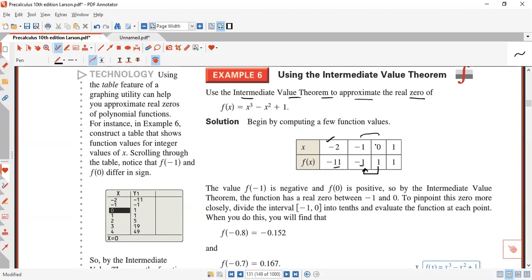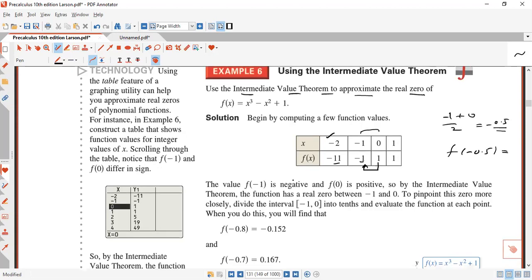So how can you determine it? You have to shrink your interval. Let's suppose I put the midpoint of -1 and 0, meaning -1 plus 0 upon 2, it will become -0.5. So I have to see what f of -0.5 becomes. Clear? Or you may use any other value in between this interval.